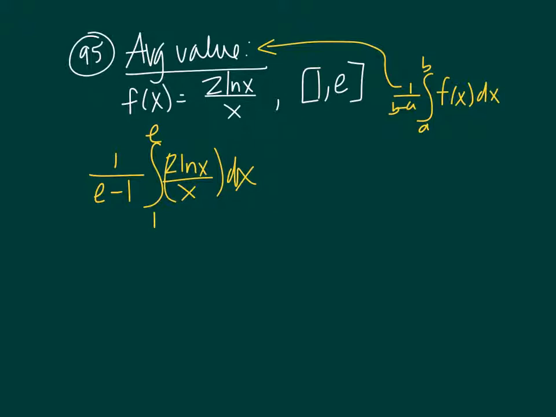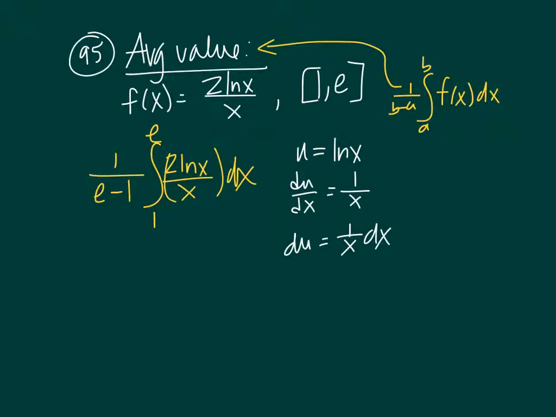So when you're looking at this integral, hopefully you notice that the u should be the natural log of x, because if you take the derivative of the natural log of x, you get 1 over x. And in our problem, we have a 1 over x.